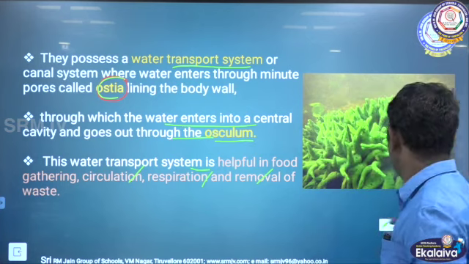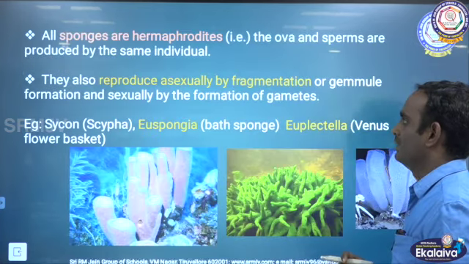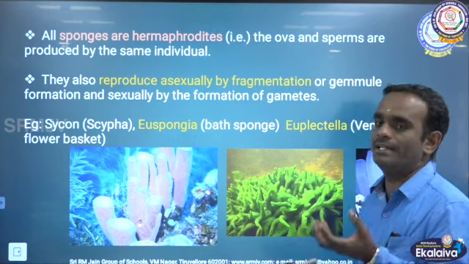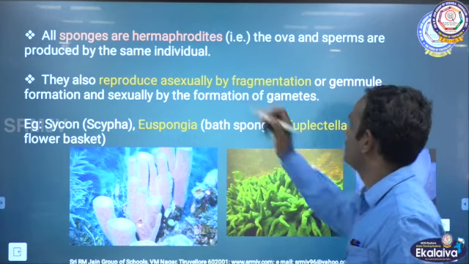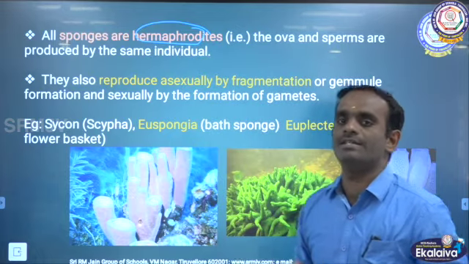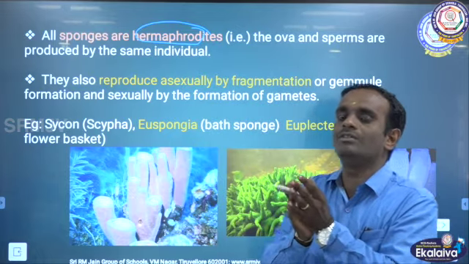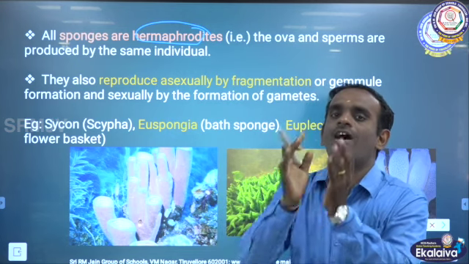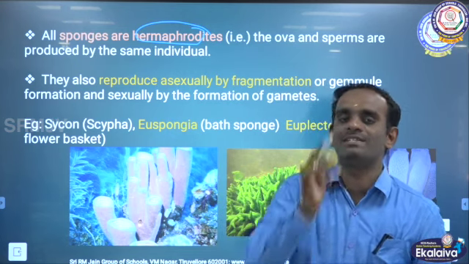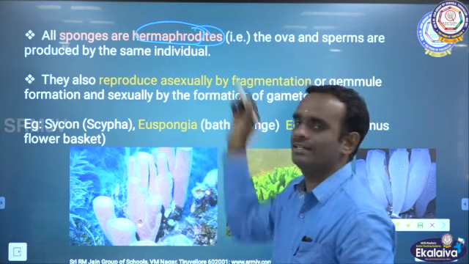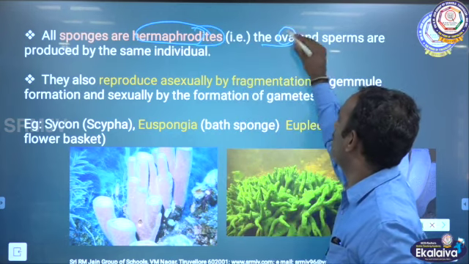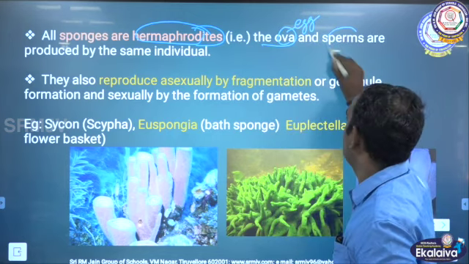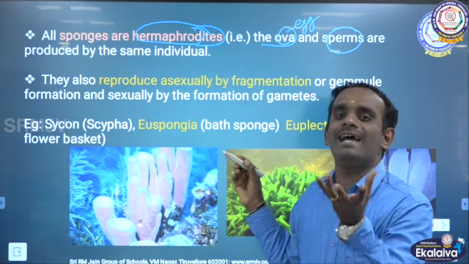Clear? Yes. The sponges are hermaphrodite. What is the meaning of hermaphrodite? Have you heard the word hermaphrodite? That means both sex organs, male as well as female, are present in a single species. That is called hermaphrodite. The ovum is the female gamete, the egg, and the sperm is the male gamete.